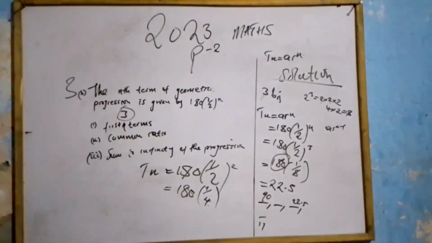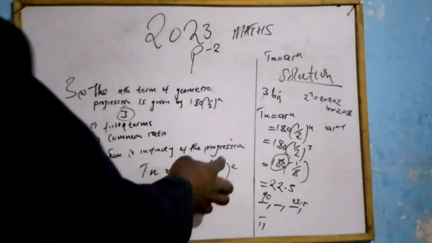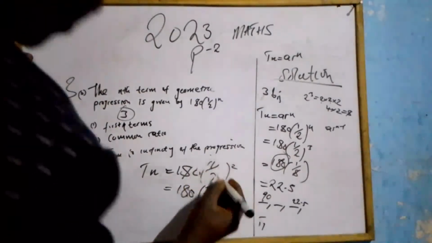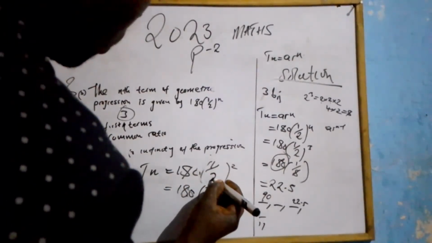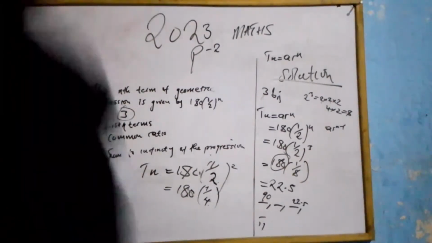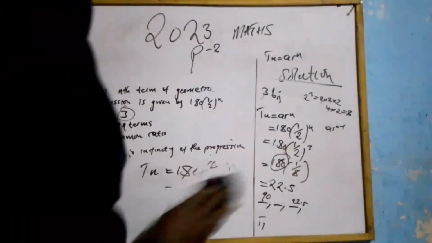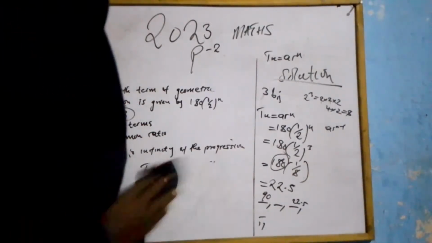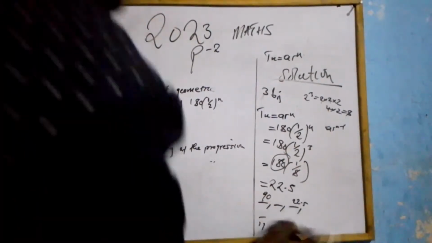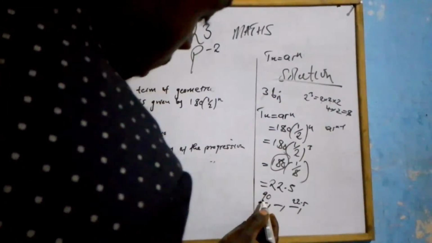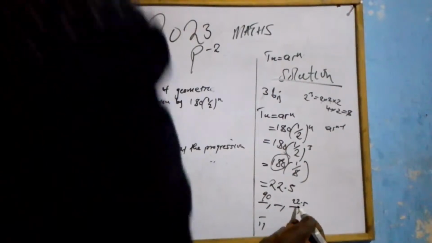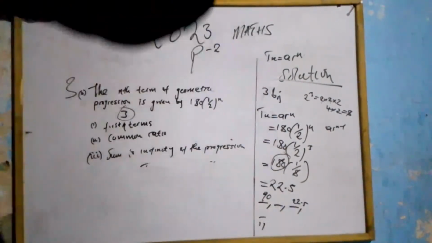Let me show you the other way, because this is our common ratio here, which is 1/2. Here we have this term as 90, then followed by a dash, then followed by 22.5.